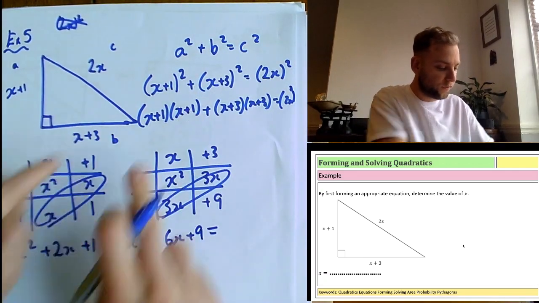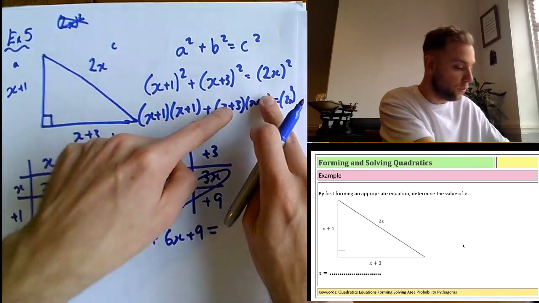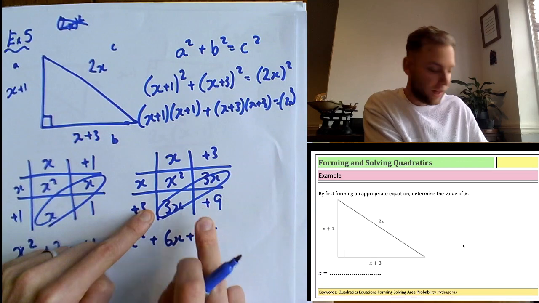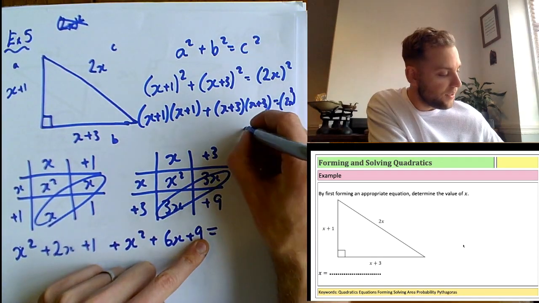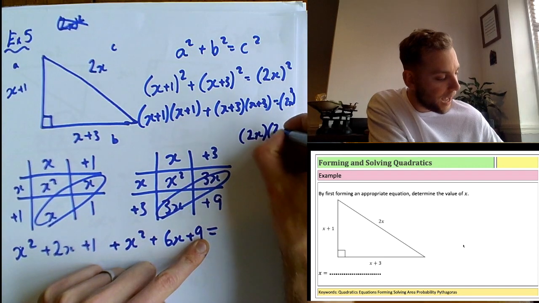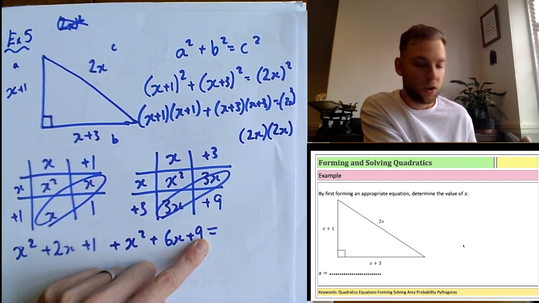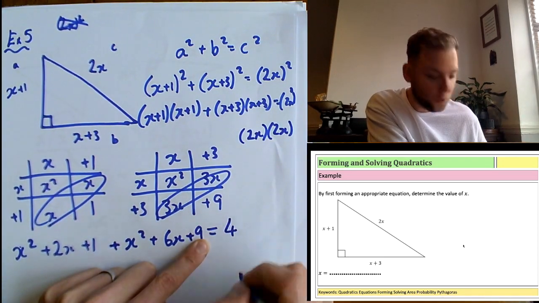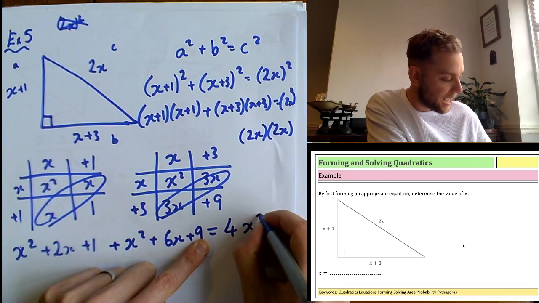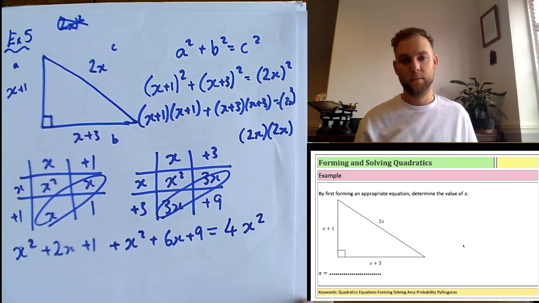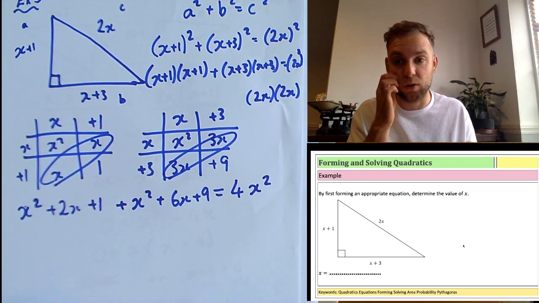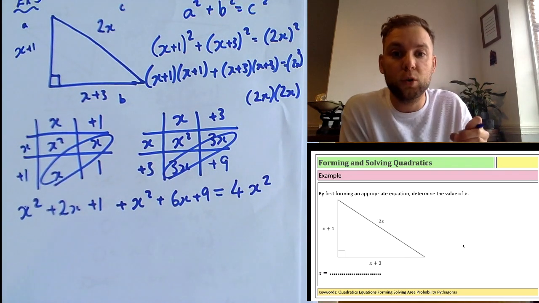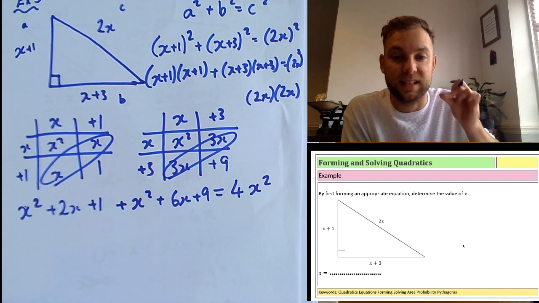so I've done this first one here, I've done this second one here, and the last stage is I need to square 2x. Now this means 2x times by 2x. So 2 times by 2 is 4, x times by x is x squared. Brilliant. That is tough. We haven't finished yet because we've still got to solve this. Remember, when we're solving a quadratic, we need to make it equal to 0.